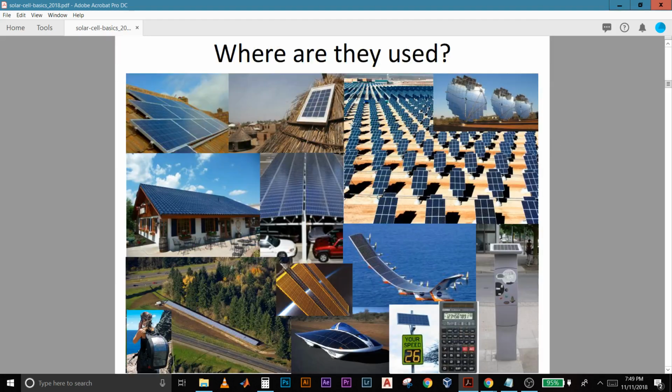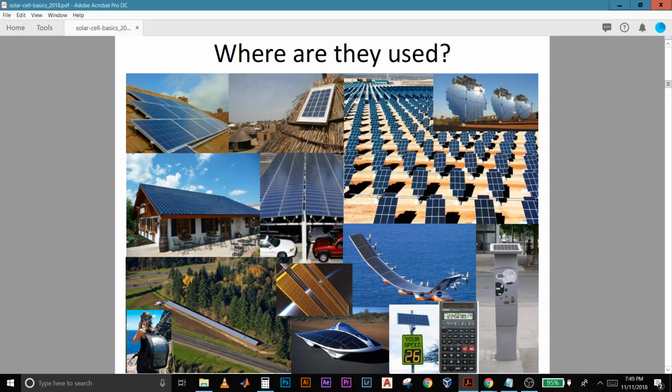And where can they be used? They can be used in many different places. I'm sure you guys are familiar with this picture. It's been used in lectures before as well. You can use solar concentration arrays. You can use photovoltaic solar cell panels on roofs.